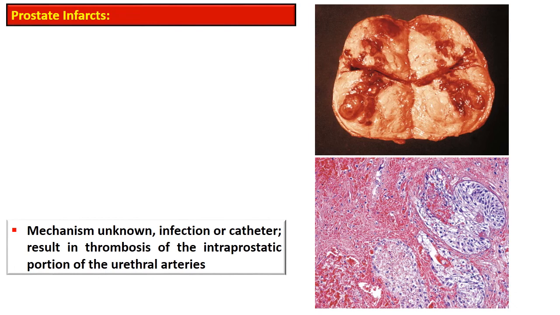The mechanism of the infarct is unknown. However, infection and catheters will result in development of thrombosis of the intraprostatic portion of the urethral arteries that will result in the infarct.